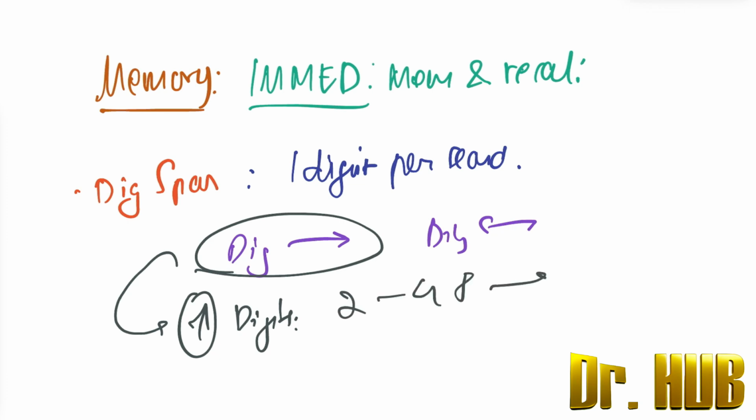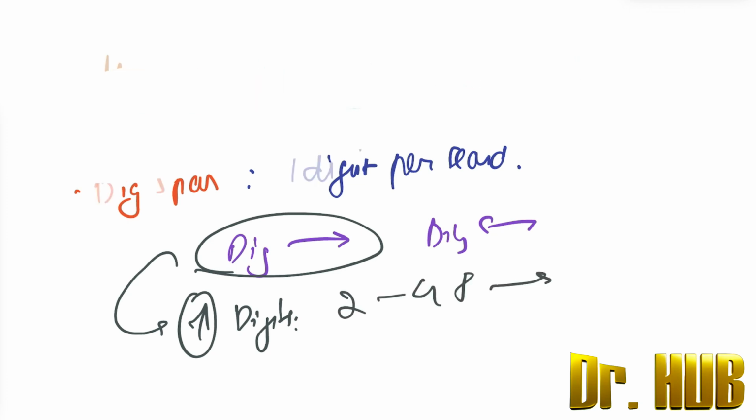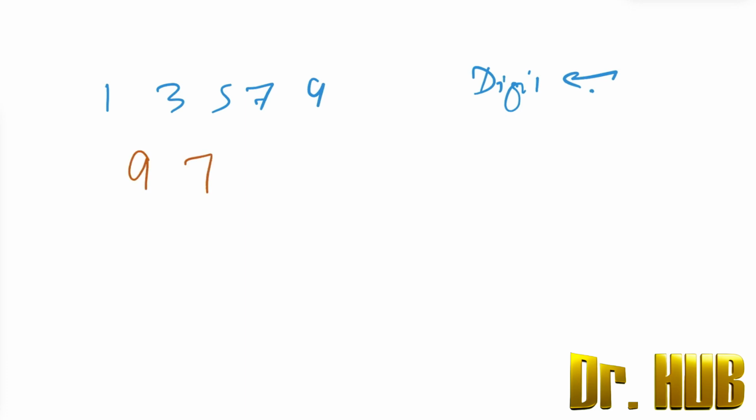This is the digit forward. Digit backward means, for example, if you say 1, 3, 5, 7, 9, the patient has to repeat 9, 7, 5, 3, 1. So it is a repeat of the backward.